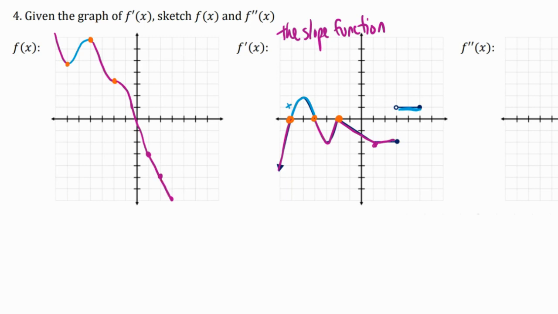Your graph is going to look slightly different than mine. That's totally fine. But the idea is, are you decreasing where you're supposed to be decreasing? Are you increasing where you're supposed to be increasing? And do you have tangent lines that are horizontal at these locations? It's just a sketch.